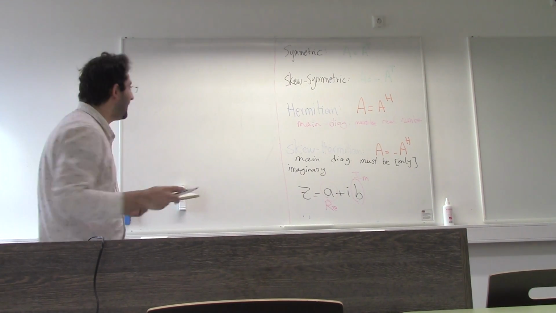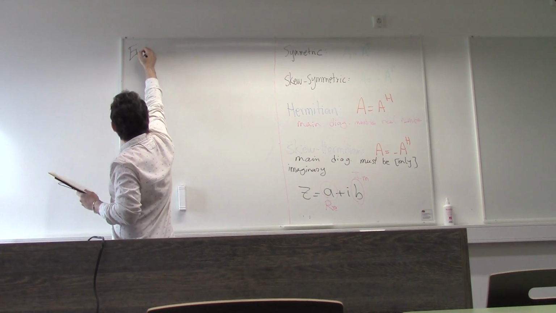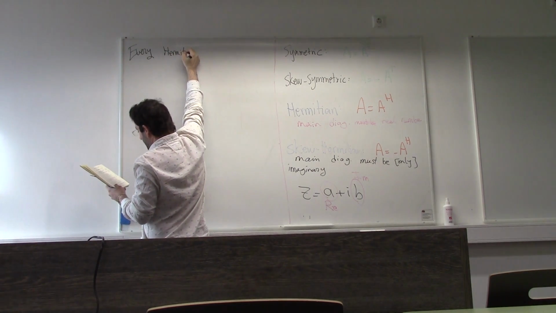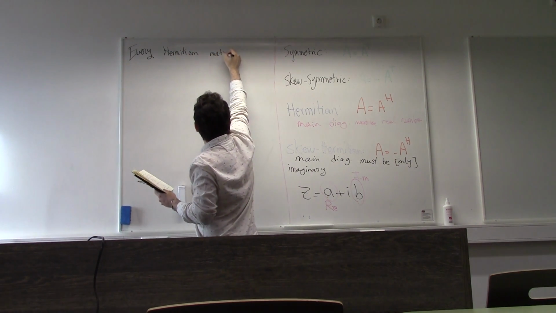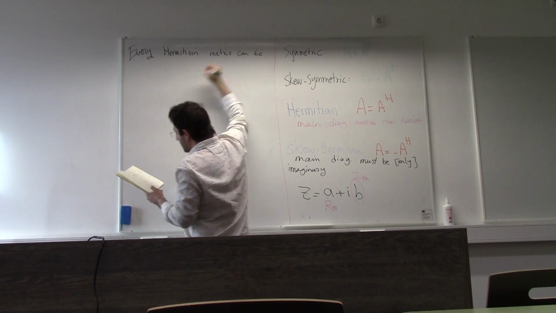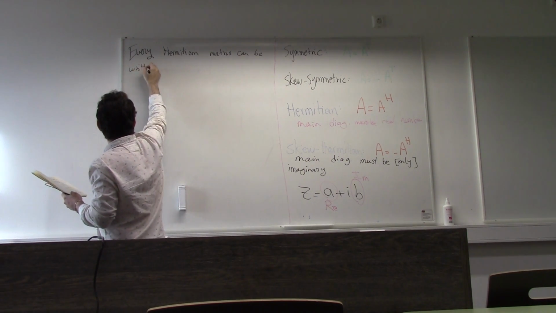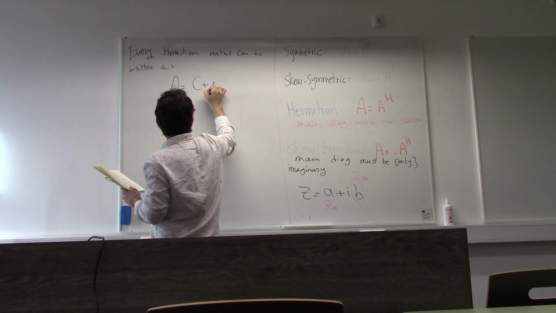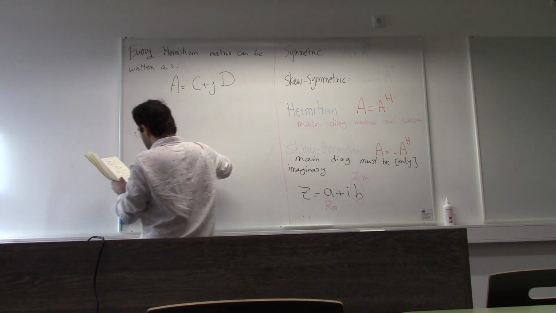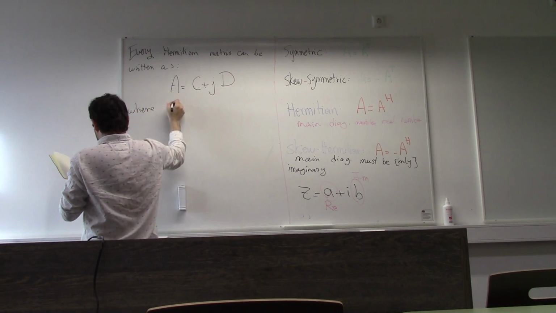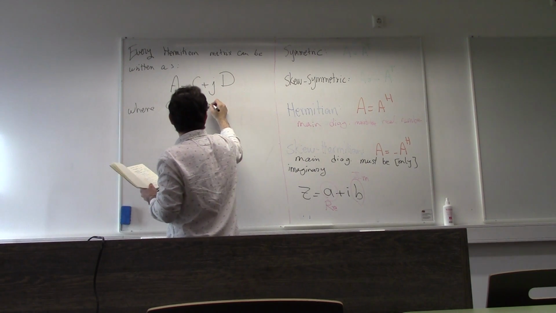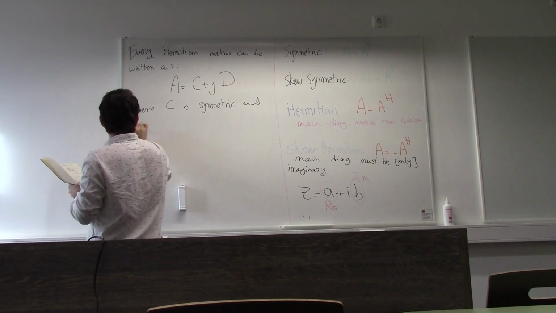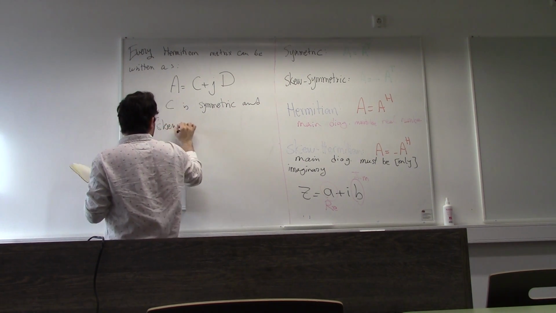Every Hermitian matrix can actually be written as A is equal to C plus jD, where C is symmetric and D is skew symmetric.